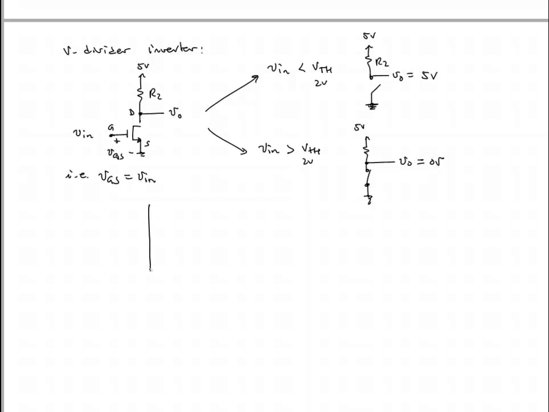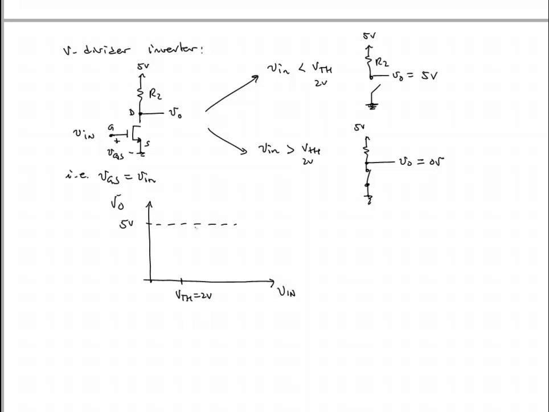So let's draw the transfer characteristic, which means let's plot V in on the horizontal and VO on the vertical. We'll have 5 volts here, and I have to label V threshold here, VTH. I'll say it's 2 volts. So what does our transfer characteristic look like?